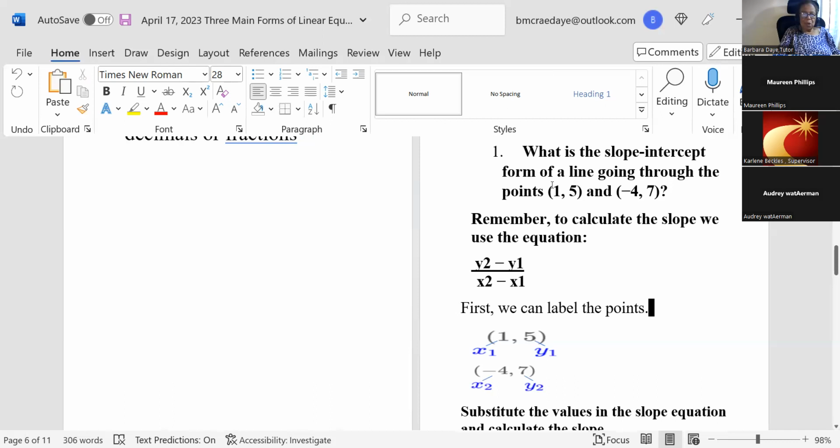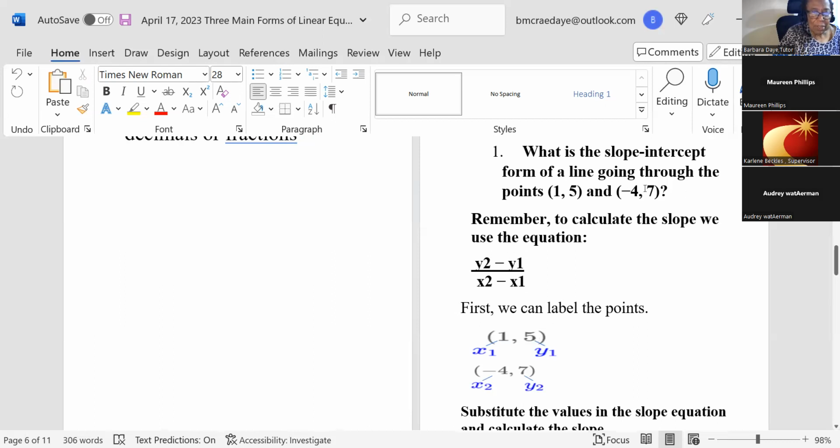Once you say this set of x, y is 1 and 5, you can put it over or under, it doesn't matter as long as you label them. So if you say I'll take 1 and 5 as my first set of points, x1 is 1 and y1 is 5.